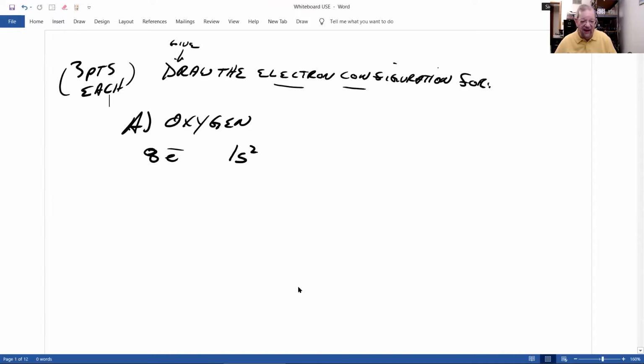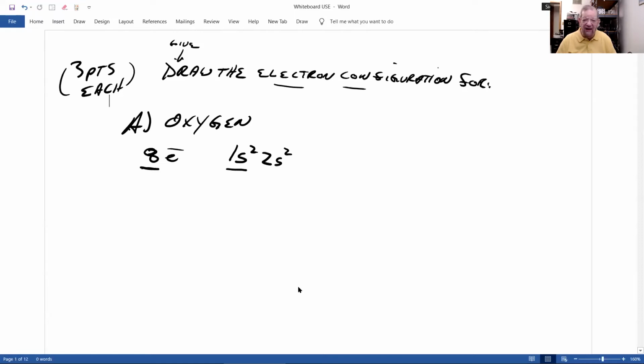Now, shell 1 has 1 subshell. We filled it up. So now we have to go to shell 2, which has 2 subshells. What is the first subshell in shell 2? It's 2s. Any s orbital, we can only put 2 electrons in, and I'll do that. Well, 2 plus 2 is 4, but I've got to get to 8, so I've got 4 more to go.